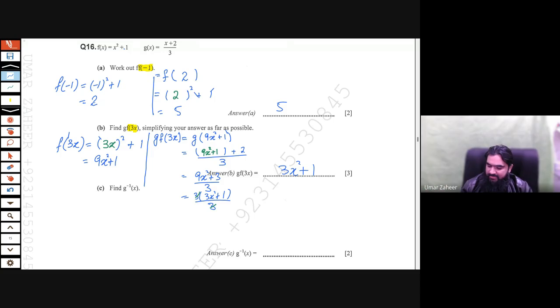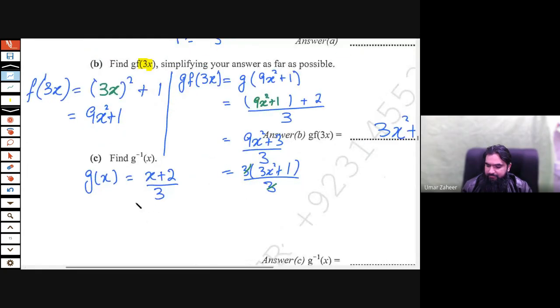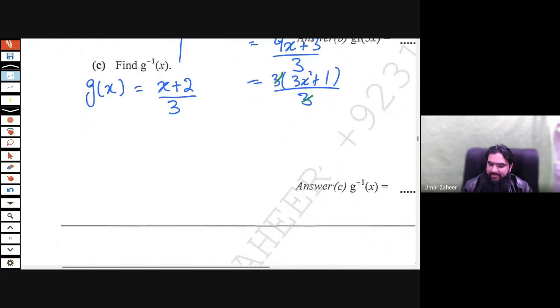Okay, now we have to find g inverse of x. So we will take g of x is equal to x plus 2 divided by 3. Again we have to do the same first step. We have to take let y is equal to x plus 2 divided by 3. The second step, we have to make x as a subject.